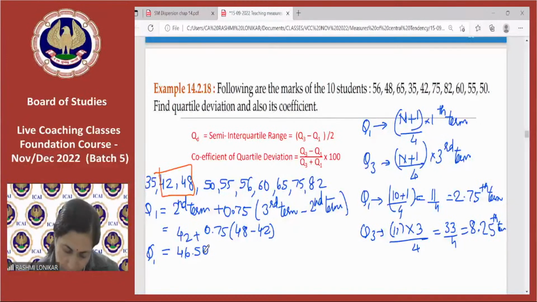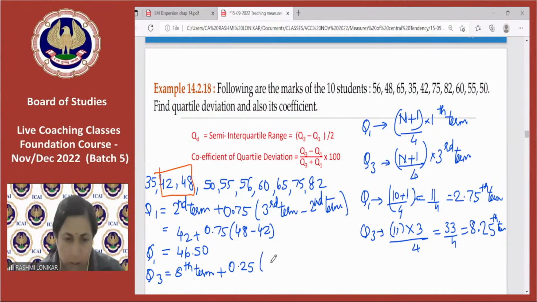Yes, 46.5. Similarly, for the others, can you calculate Q3? Now Q3 is 8.25. So it will be the 8th term plus 0.25 into (9th term minus 8th term).